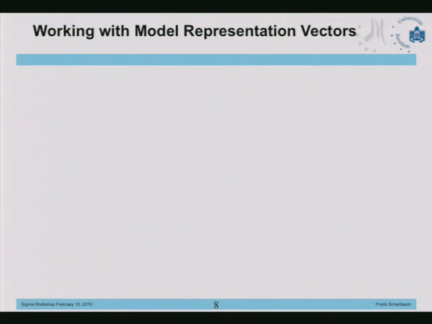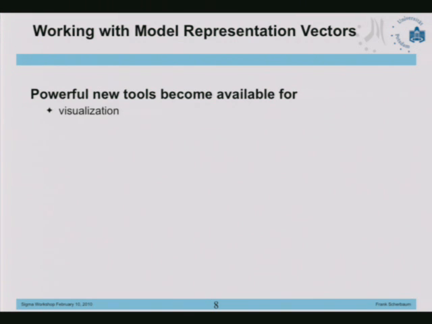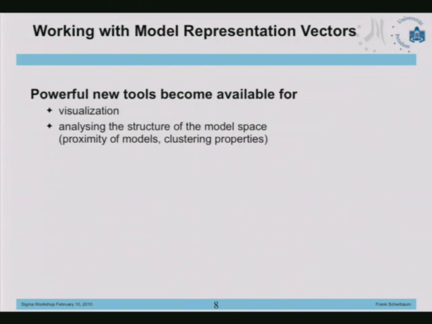Once one has accepted this discretization of ground motion models into model representation vectors, a number of very powerful tools become available. For example, for the visualization, for analyzing the structure of the model space, for example, for measuring the proximity of models, for analyzing clustering properties, and also for addressing the redundancy problem.